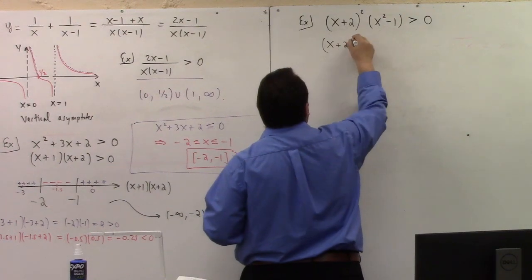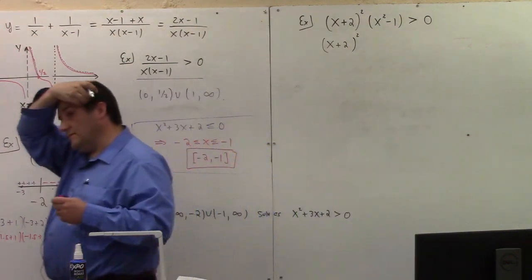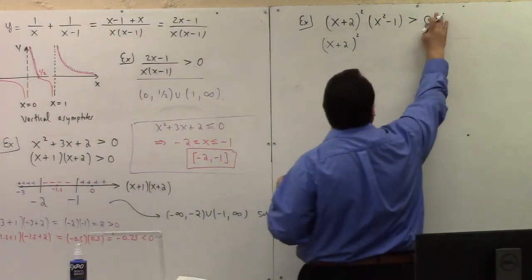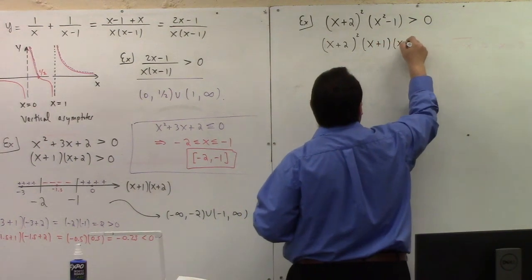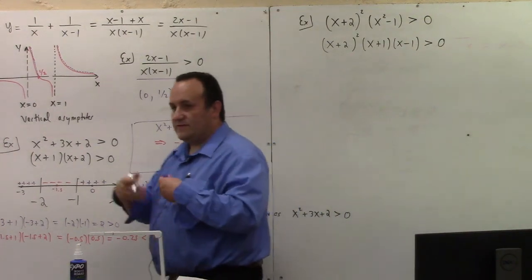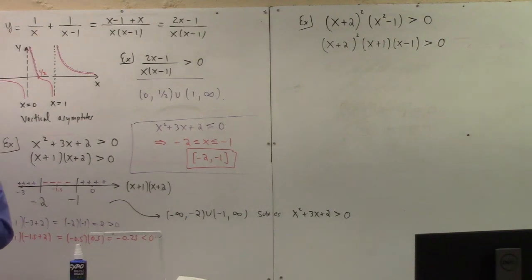See, this is x plus 2 quantity squared. Can you guys factor x squared minus 1? Yeah. x plus 1 times x minus 1. Now it's completely factored.